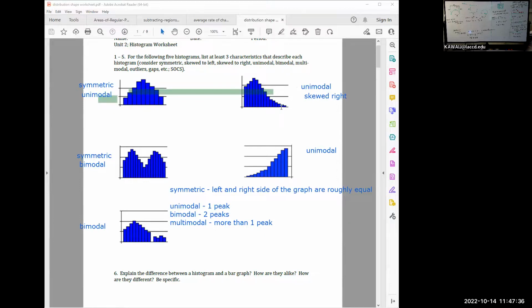I don't know why that's skewed right, but we have one bump and it's kind of like the bump is pushed to the right. Okay. This one over here is skewed left. Like that.